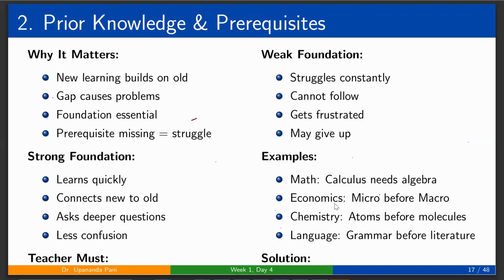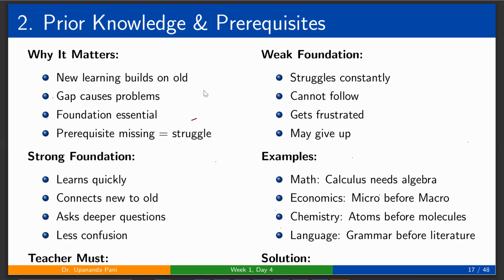Next is prior knowledge and prerequisites. Why it matters: again, we are now focusing on the learner part. New learning always builds on the old. You will not say, today is a new topic, so I'll start fresh.